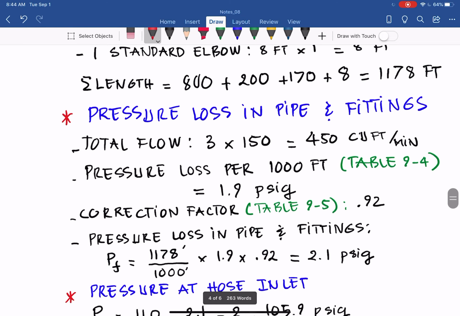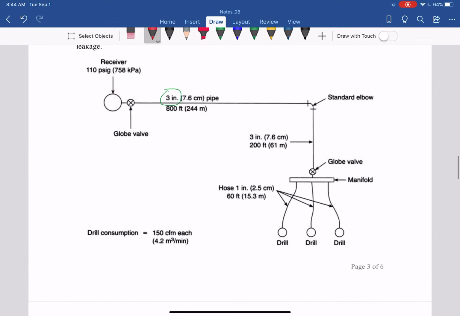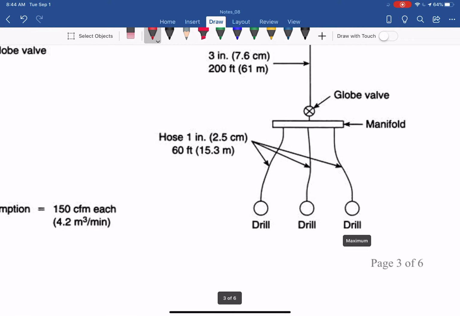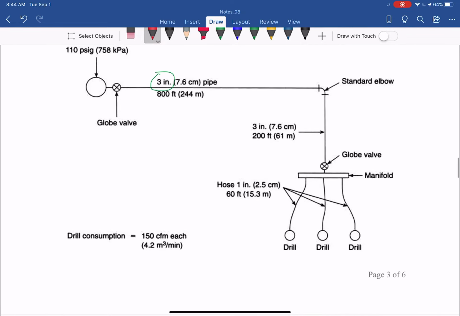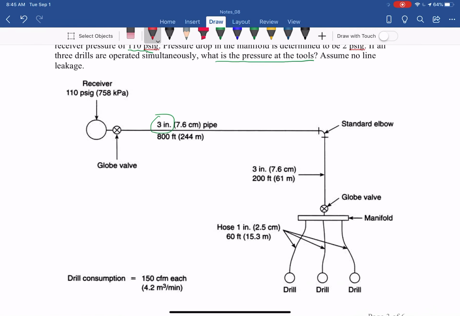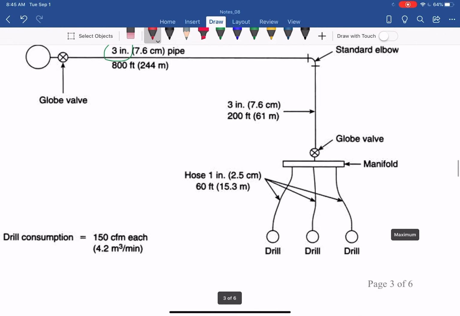So just go back to here to review the problem. The question asks, what is the pressure at the drill when the receiver generate 110 psi? And as you can see, from 110 go to the loss through the fitting, glove valve, and standard elbow, and 3 inches pipe for 1,000 feet, and then go to the loss in the manifold, and for each hose, then it go down to the drill.